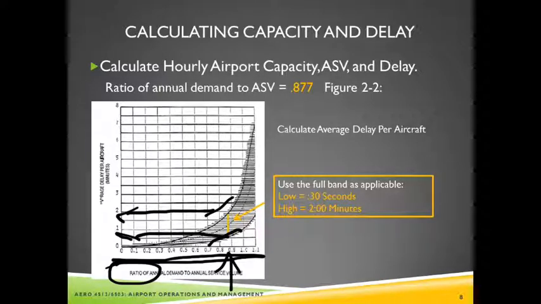Knowing that, though, reality says that some aircraft will have no delay at all, and many aircraft will have greater delay than 2 minutes. Some of them far greater delay than 2 minutes. But we're going to go ahead and work through our spreadsheet.